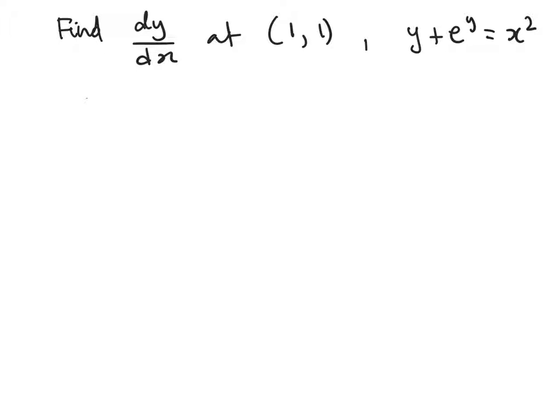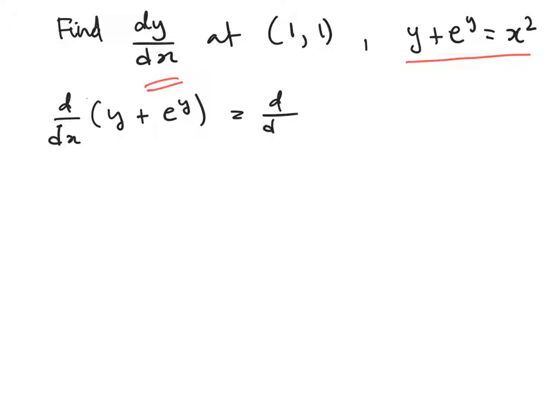Let's solve the next example. We need to find dy over dx at the point x equal to 1, y equal to 1 for the implicit function given by y plus e to the power y equal x squared. Now the derivative of the left side with respect to x is equal to the derivative with respect to x of the right side, x squared.